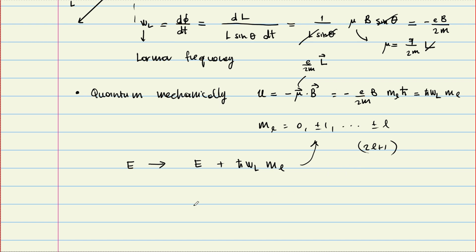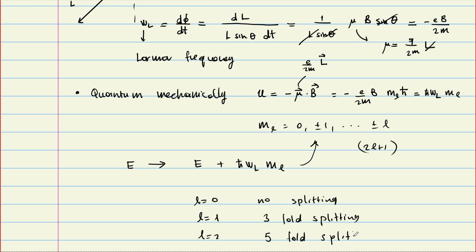So if L is equal to 0, no splitting. If L is equal to 1, threefold splitting. If L is equal to 2, I have fivefold splitting.